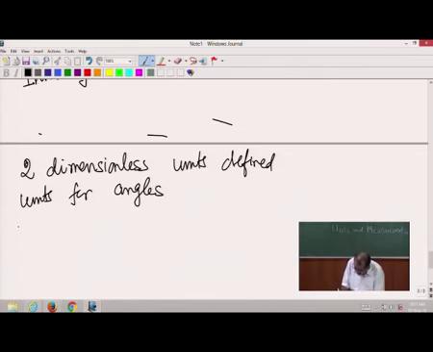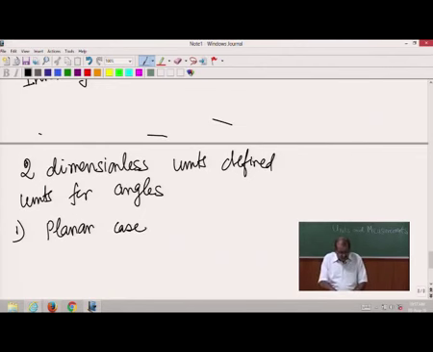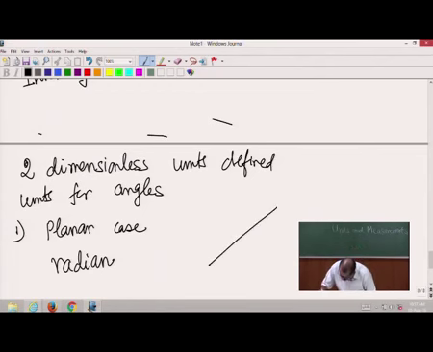The first one we define is for a planar case, that means everything is on a single plane, and when we want to measure the angle, we define a unit called a radian. And how we define a radian is that we take a circular arc.